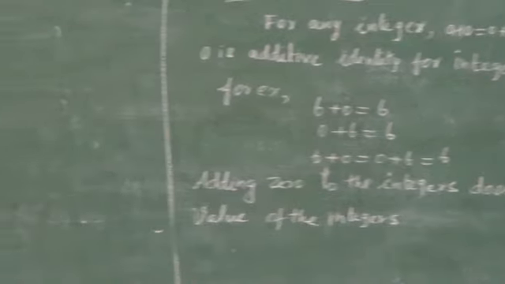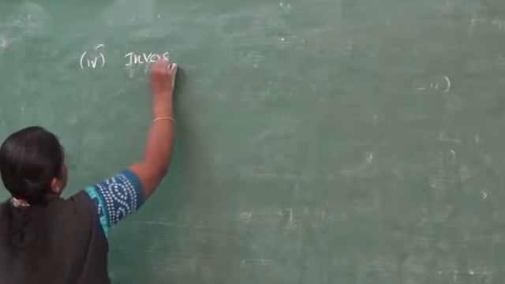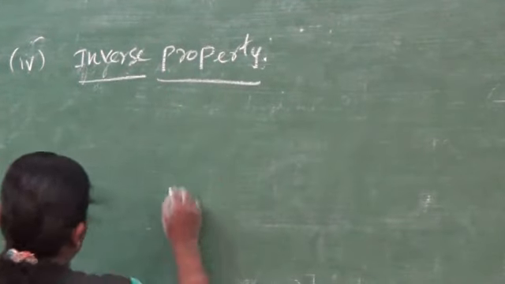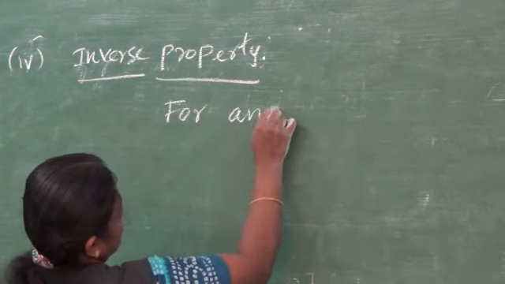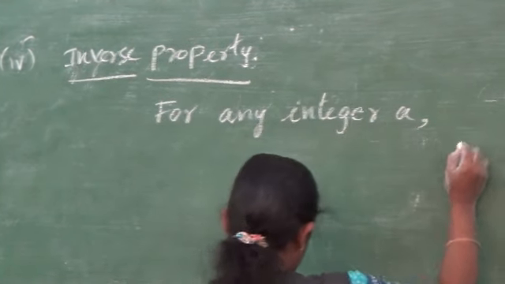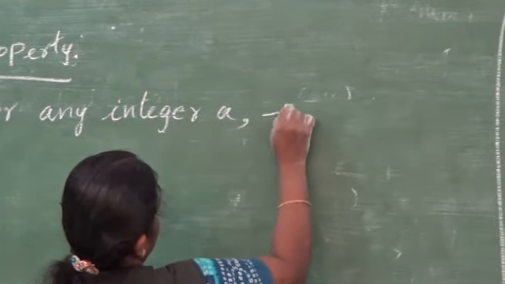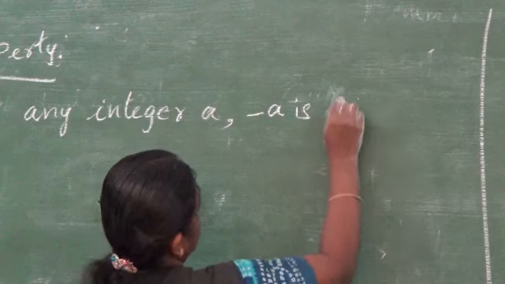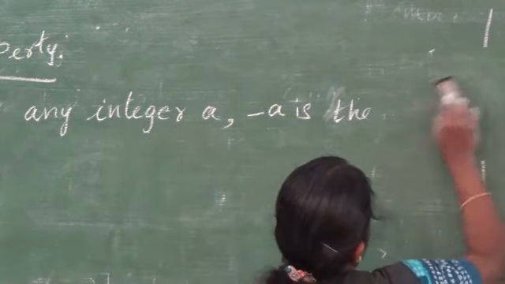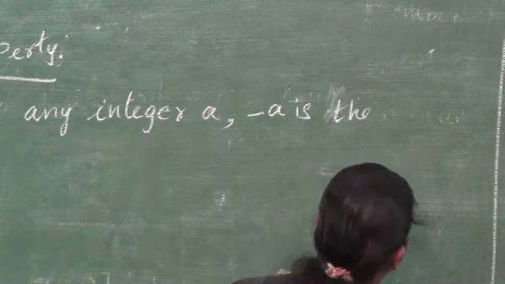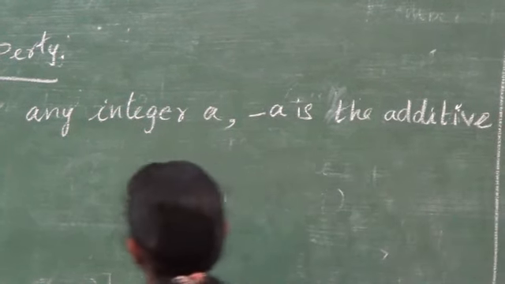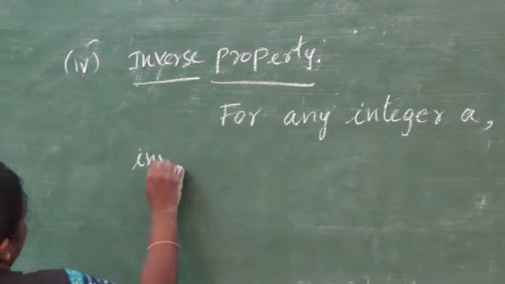Property: inverse property. For integer a, minus a is the additive inverse of a.